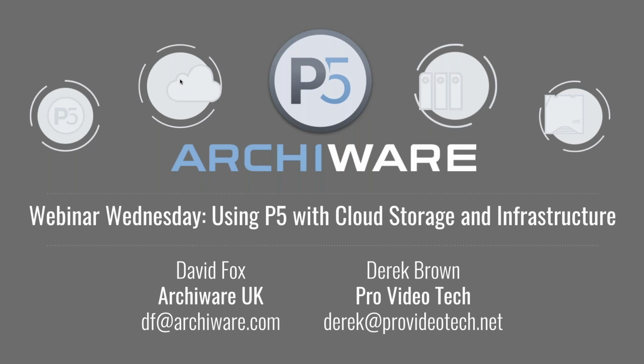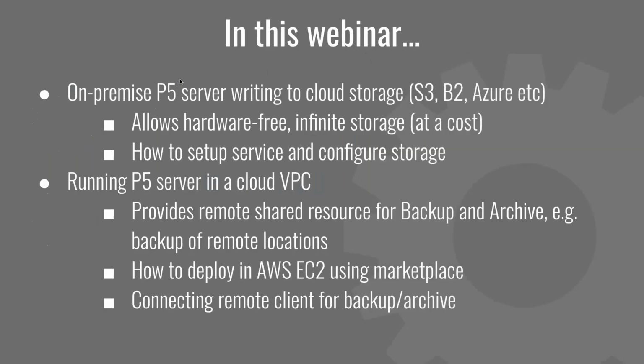Anyway, moving on past the weather. In this webinar, we are going to be talking about two different ways that you can hook P5 up to cloud storage. The first one is hooking up a P5 server that's running on premise, like a P5 server you might already have running, writing to on-premise storage like tape or disk.